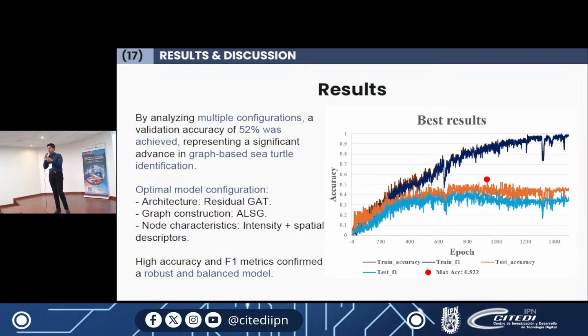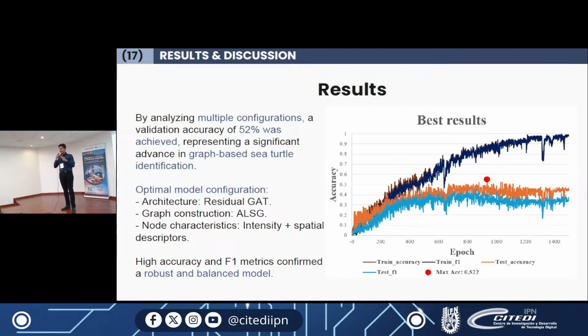And as you can see here, by analyzing multiple configurations with different ways to create graphs, to extract information, to give information to the nodes, and in the neural network, we achieve a validation accuracy of 52%, which is an amazing result. Because remember that we are working to identify the specific individual of the seed total.